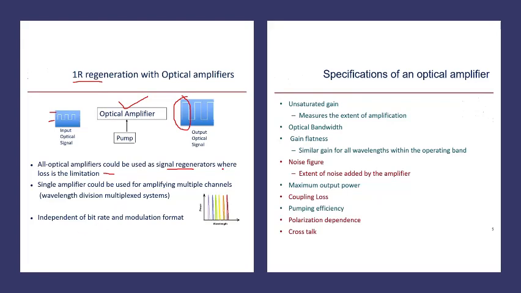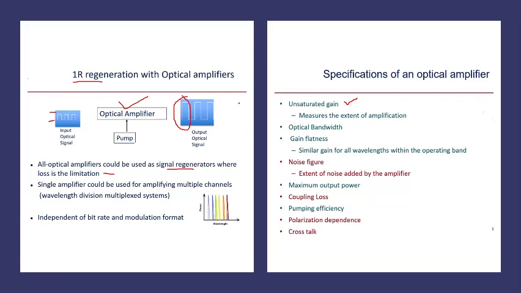So if we see the specification of an optical amplifier, first of all, the main thing is gain. As we know, the amplifier gives us a certain gain, like 15 dB, 20 dB. It is amplifying the signal as per the gain we are setting in the amplifier. The second one is optical bandwidth.